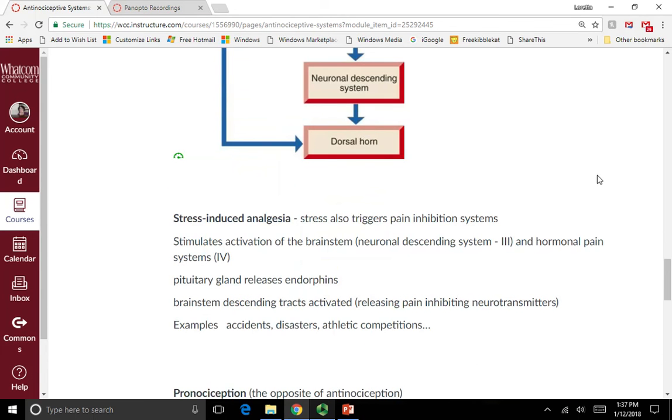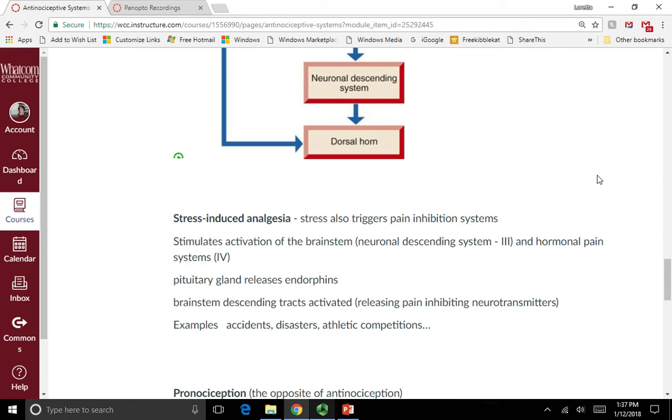Pretty interesting. It's also stress-induced analgesia, where stress triggers pain inhibition systems. So I was talking earlier about the lady in the chronic pain program who had a lot of stresses in her life, and it was causing more pain. Stress can also trigger pain inhibition systems, stimulating activation of the brainstem, the neuronal descending system, hormonal pain systems, and the cortical descending system.